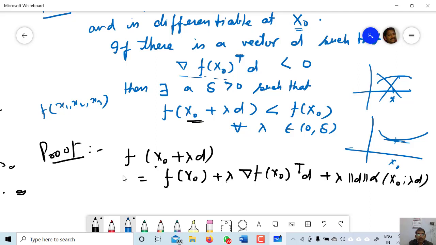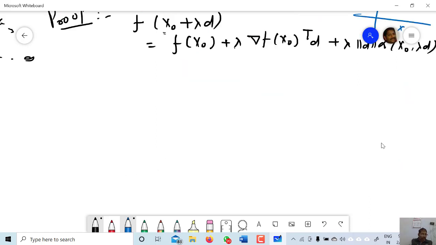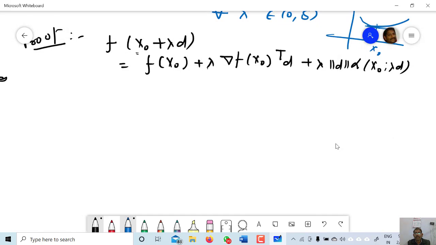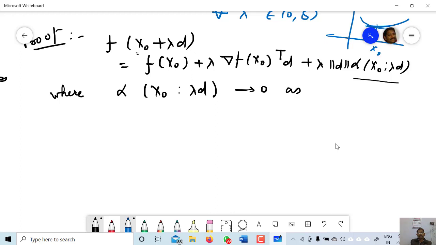Again, now lambda is tending to 0, this factor is tending to 0, where alpha of x0, lambda d is tending to 0, because lambda d is also tending to 0 as lambda is tending to 0.